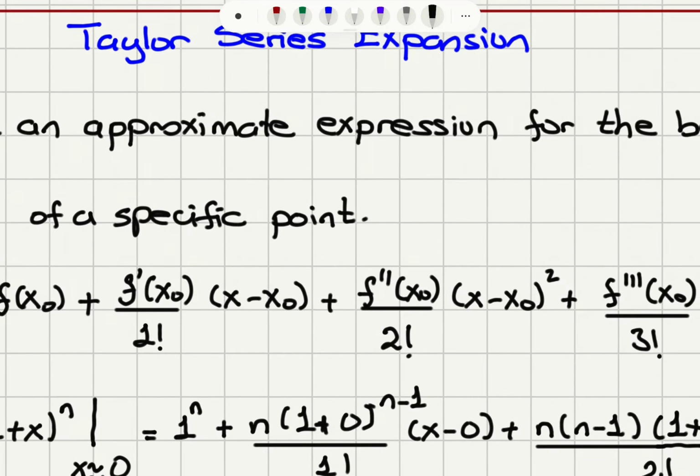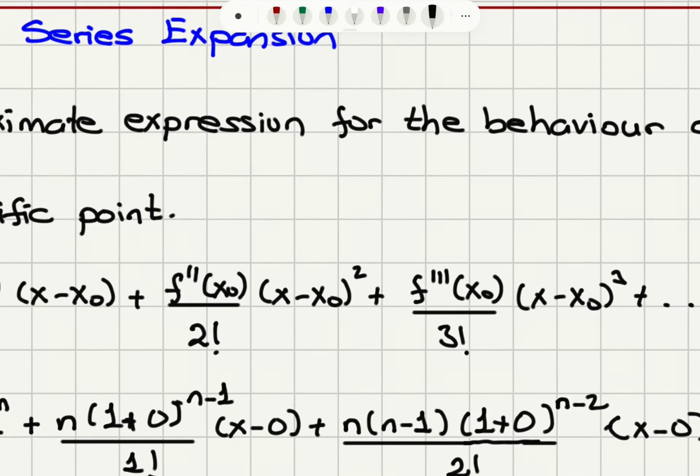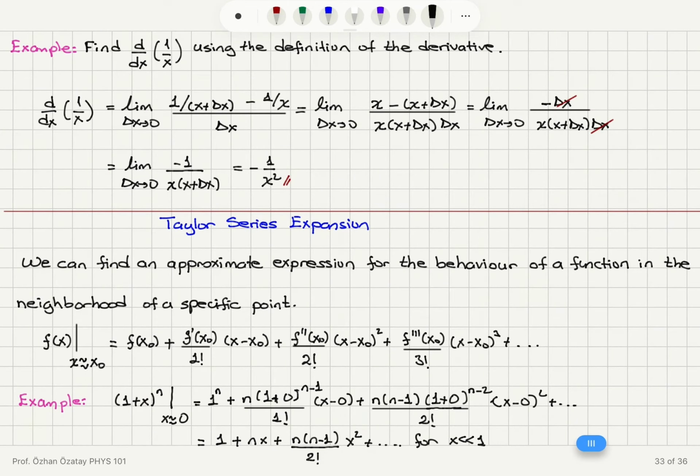Then we take the second derivative, evaluated at x0, divided by 2 factorial, x minus x0 squared. Then we take the third derivative, evaluated at x0, divided by 3 factorial, x minus x0 cubed, etc. So this is how the Taylor series expansion goes.